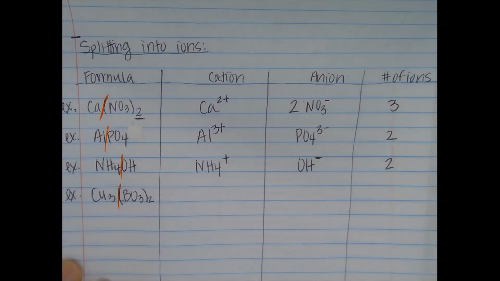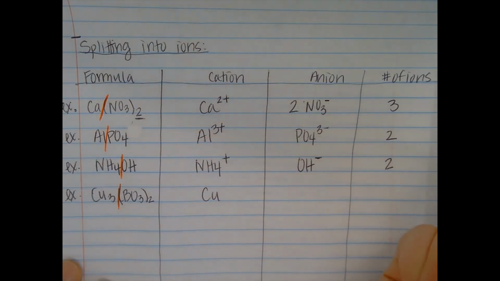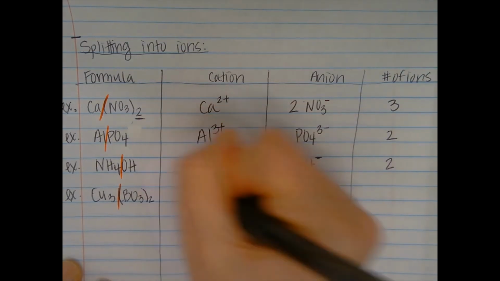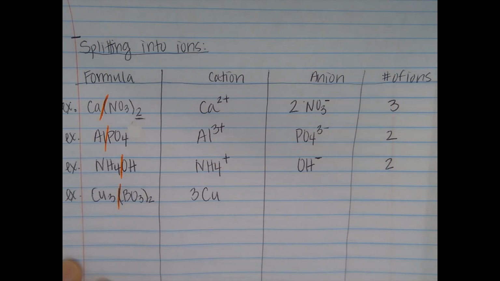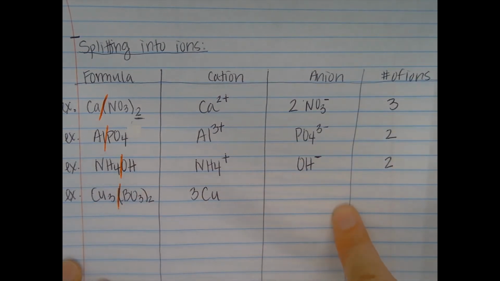My cation is written first, which is Cu, which is copper. This subscript of 3 right after it tells me that I have 3 of them. Now copper, hold up, is a transition metal, right? So that means it can have more than one charge. So I don't know what the charge is yet. I'm going to write my anion first and then work backwards and figure out the charge of the copper. Okay?